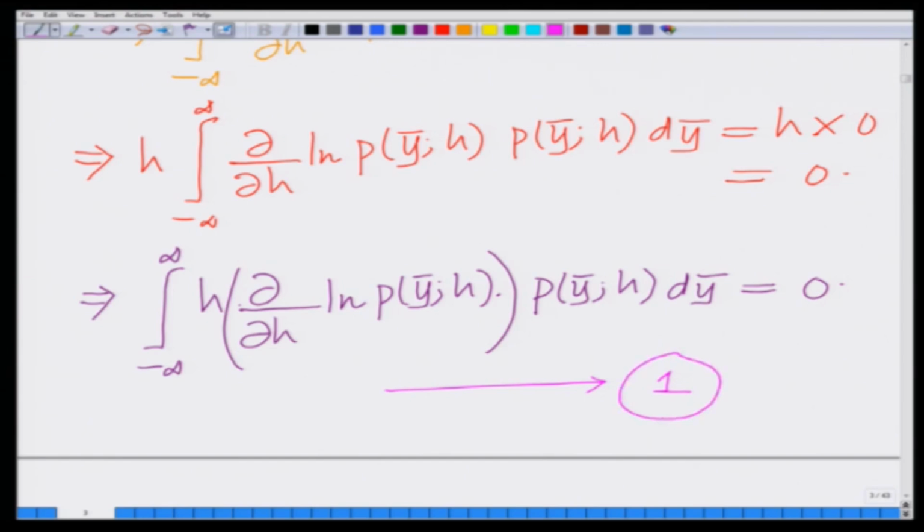What I have is the integral from minus infinity to infinity of h times the derivative of the log likelihood function log p y bar parameterized by h, times p y bar parameterized by h dy bar, is basically equal to 0. This integral on the left is equal to 0, and we have derived this property which we are subsequently going to employ in deriving the Cramer-Rao bound for the variance of estimation of the parameter.